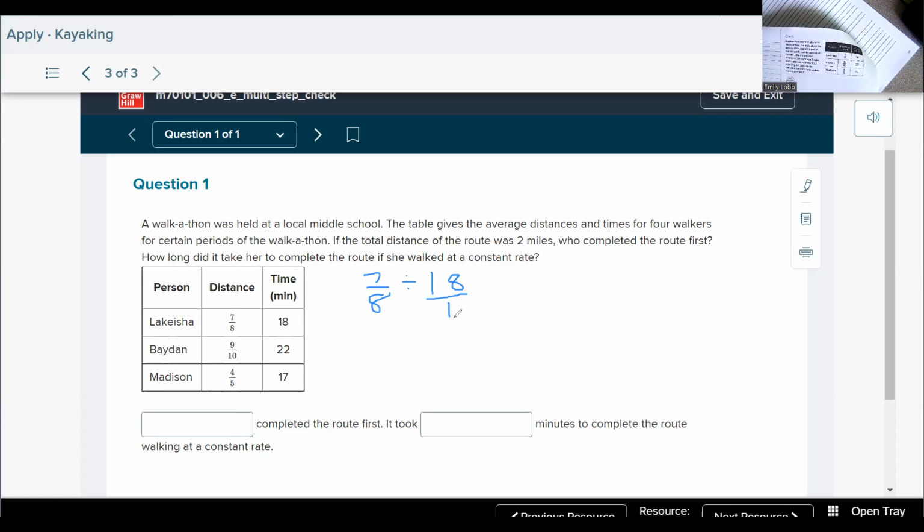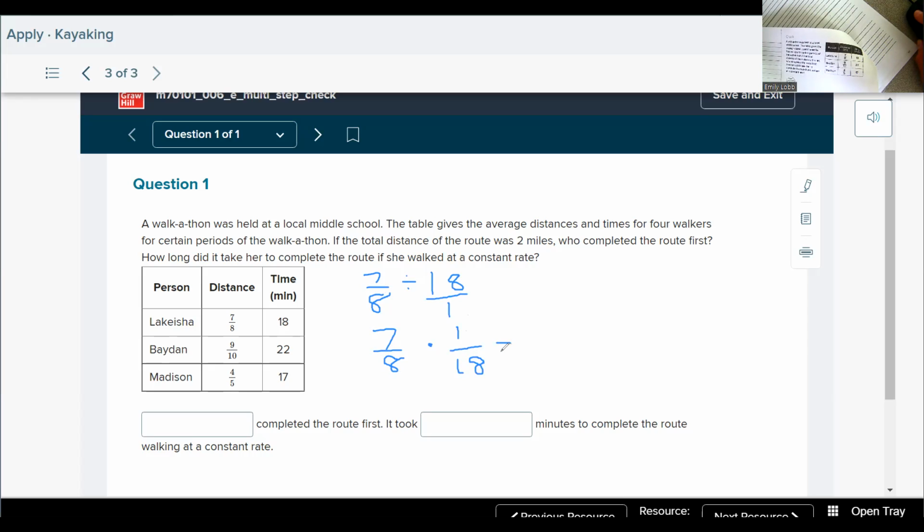So then I'm really writing 7/8, keeping the first, changing to what? Multiplication and flipping it. So what becomes on the top now, Kaden? What's on the top now if I flip it? 1. So the bottom goes to the top and the top goes to the bottom. And now I have to multiply.